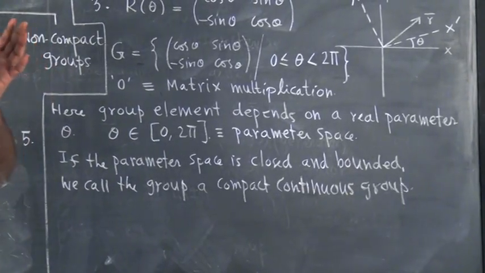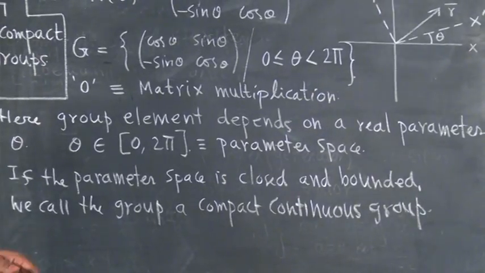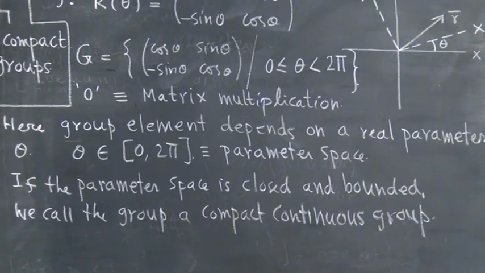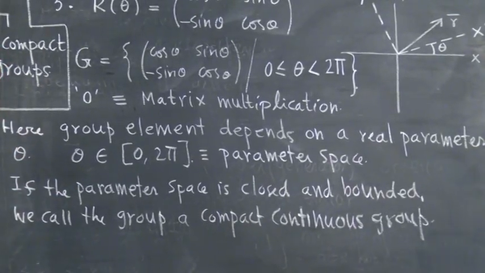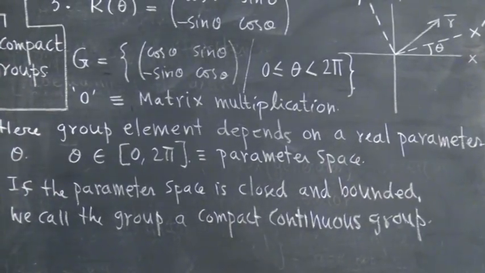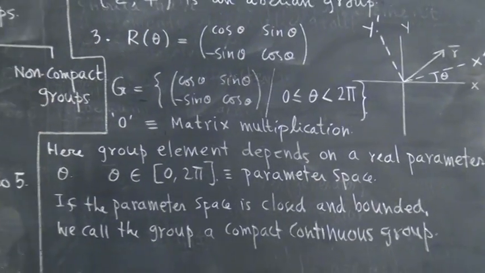The parameter is only varying in a closed interval. It's continuously varying, but it is bounded, it cannot go beyond 2 pi. It cannot go below 0. So 0 to 2 pi is a closed interval in the entire real line. So like that you have a compact interval, then the group is called a compact continuous group.